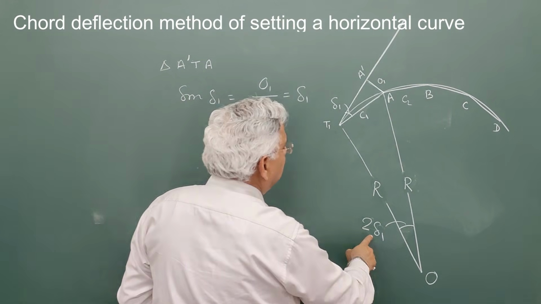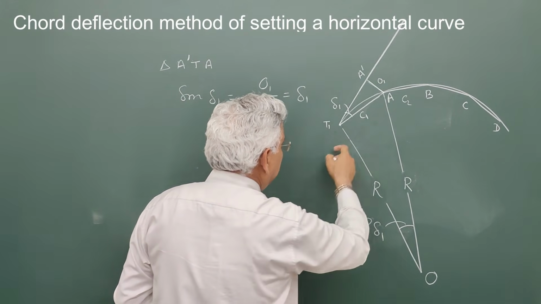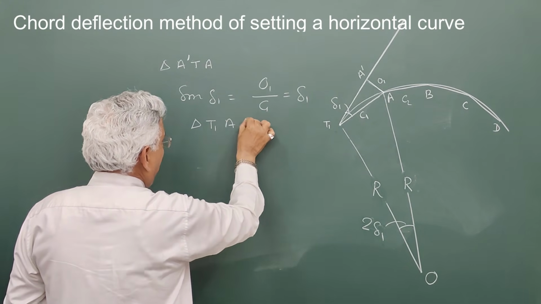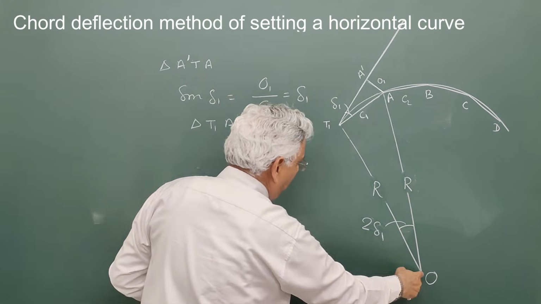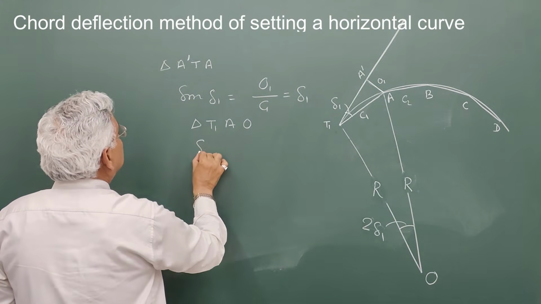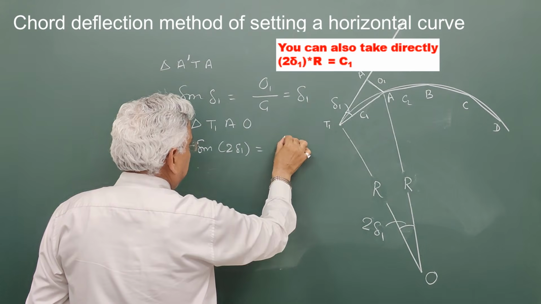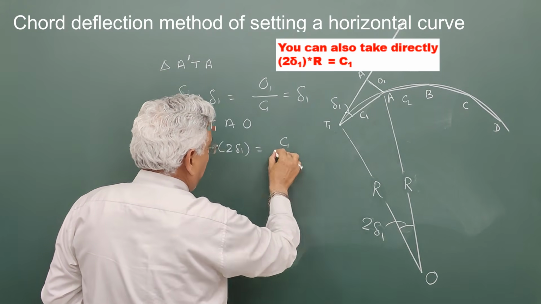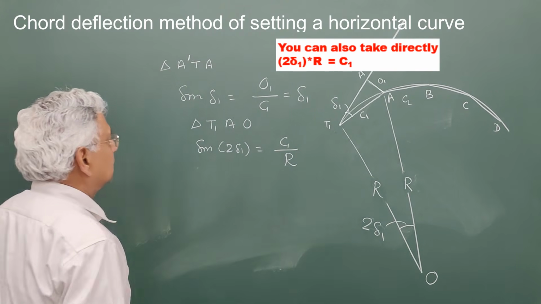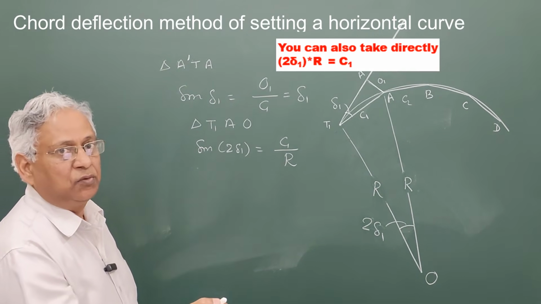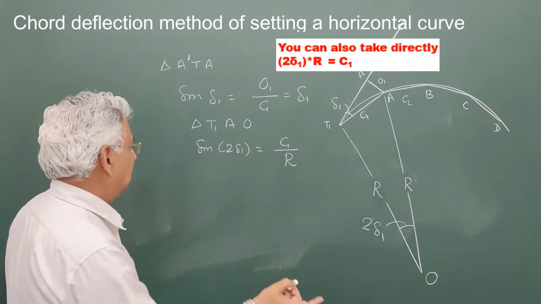Now this is 2 delta 1, and if you take this triangle T1AO, then in this triangle sine 2 delta 1 is equal to C1 upon R. Or you can say again sine 2 delta 1 is equal to tan 2 delta 1 is equal to 2 delta 1.